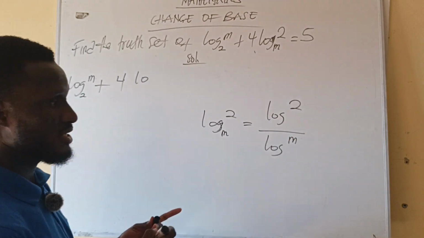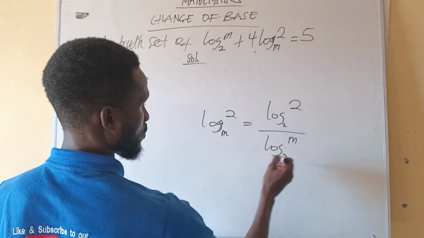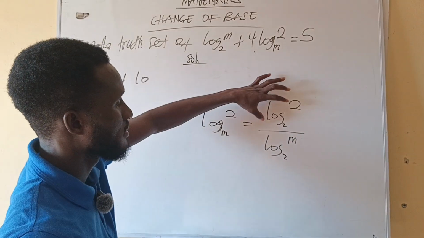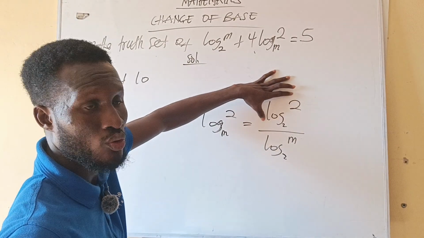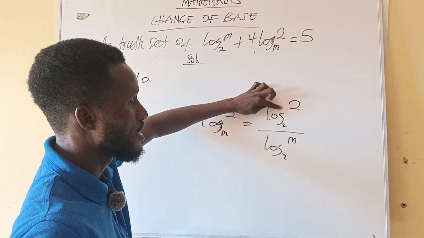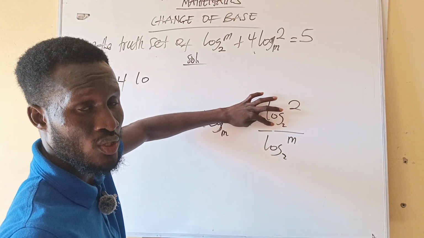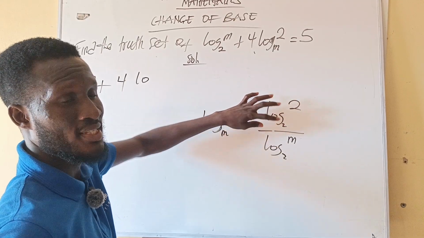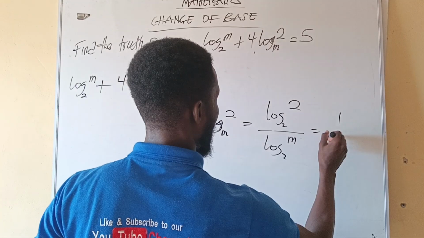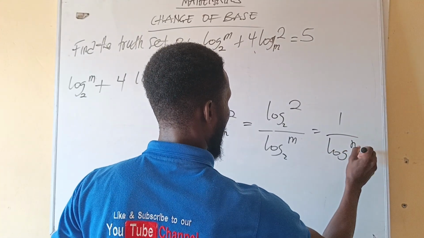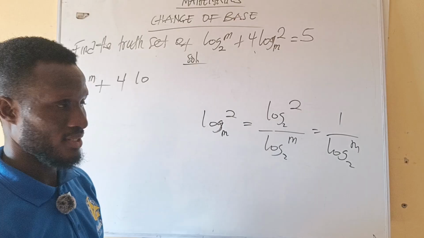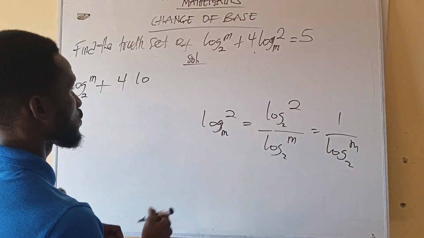Log 2 base 2 is going to give us 1, because log of the same base is 1. So we're going to have 1 over log m base 2.